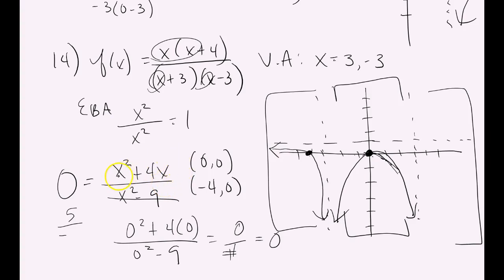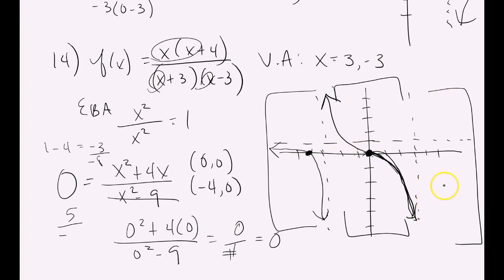Maybe not. Let's check it. -1 squared is 1. -1, ooh, I'm getting a -3 over another negative number. That stinks. This is supposed to be positive here, so guess what? My gut was wrong, and that, my friends, is why you check yourself. That is correct on this side, but it doesn't come back down over here. It's going to go back up, so it's going to look like a cubic or something in the middle.